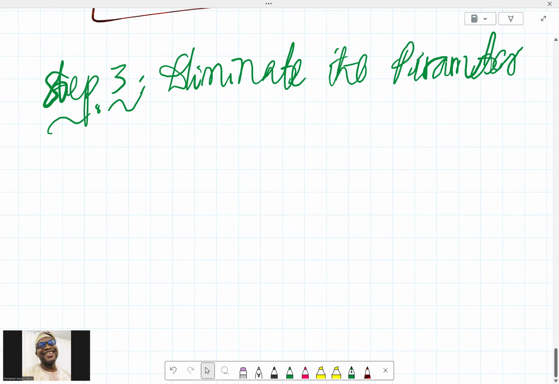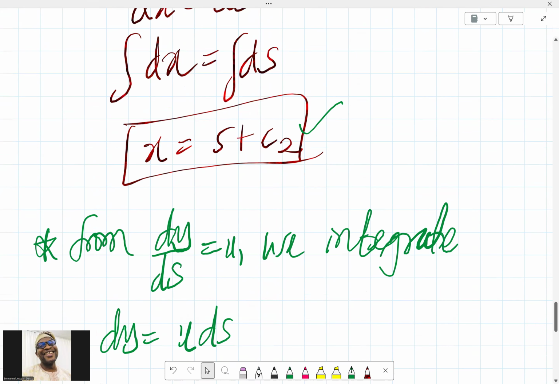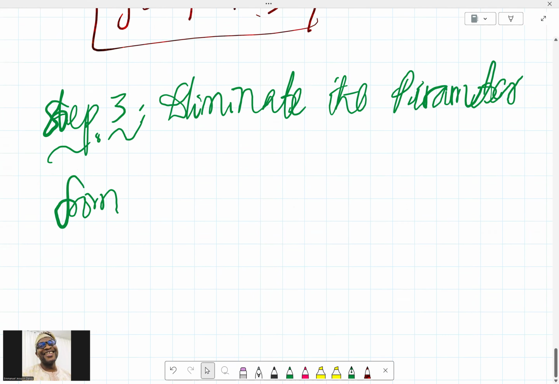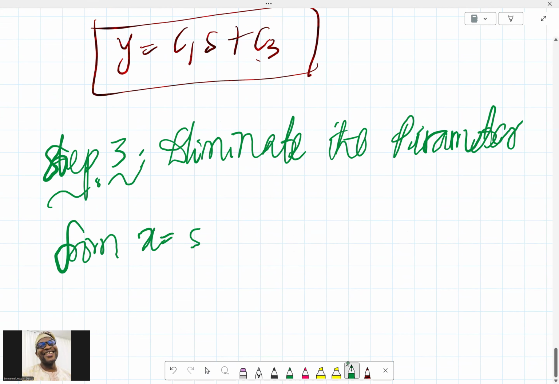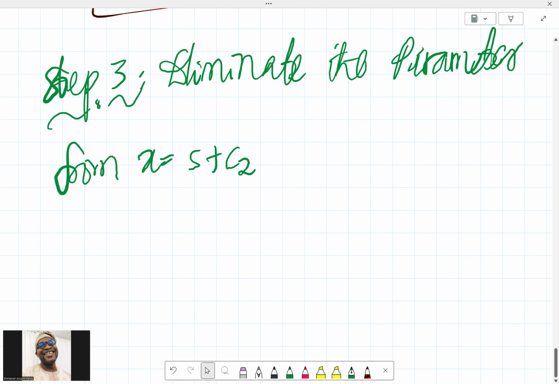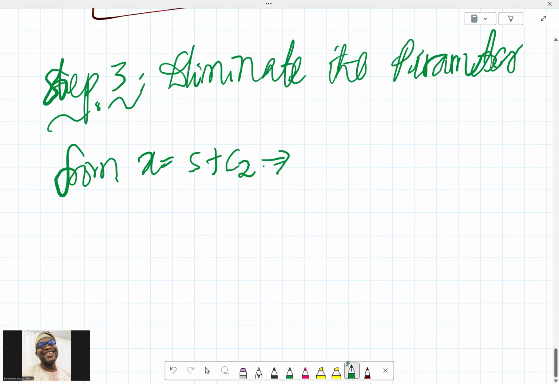From x equals s plus c2, we can have s equals x minus c2, because we don't want to see s. We want to replace that s, and that is why we are doing this.